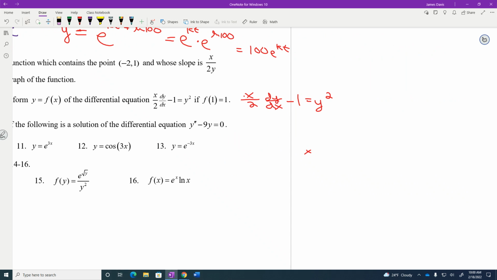So we're going to add that 1 over first. So then we have x over 2 dy dx equals y squared plus 1.